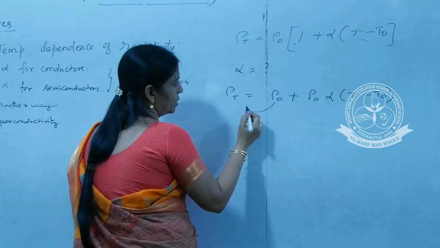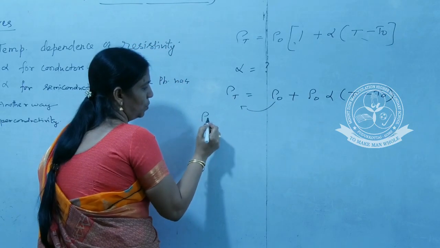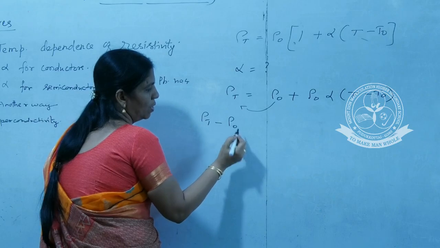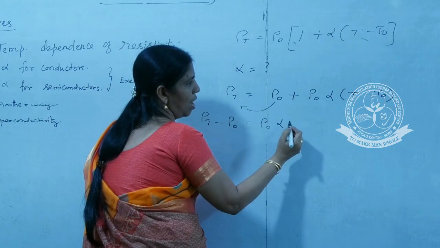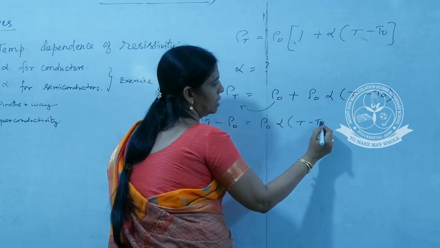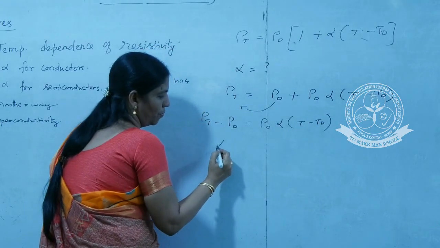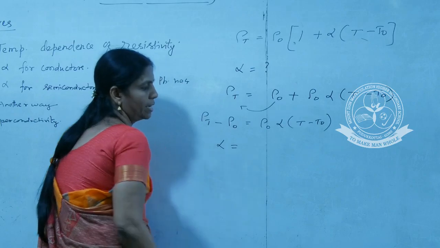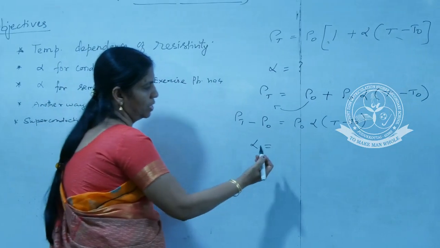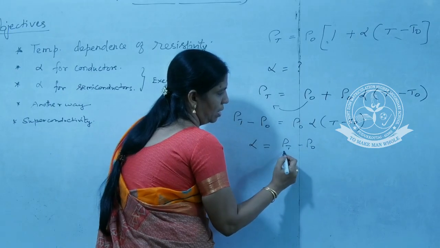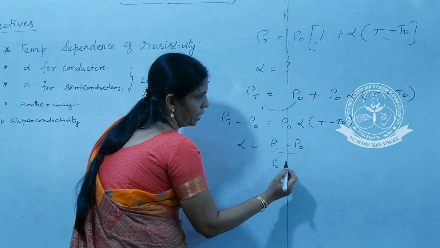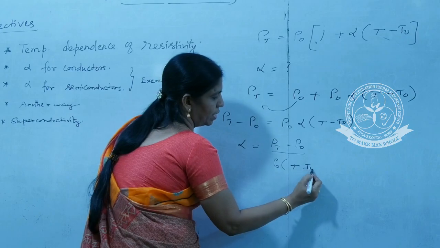Let us bring this rho naught to the left hand side. Rho T minus rho naught is equal to rho naught into alpha into T minus T naught. So let us write the expression: alpha is equal to rho T minus rho naught divided by rho naught into T minus T naught.